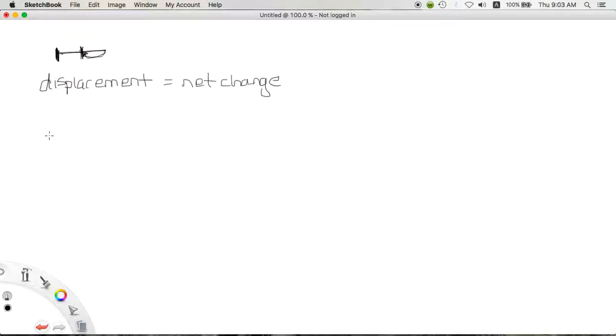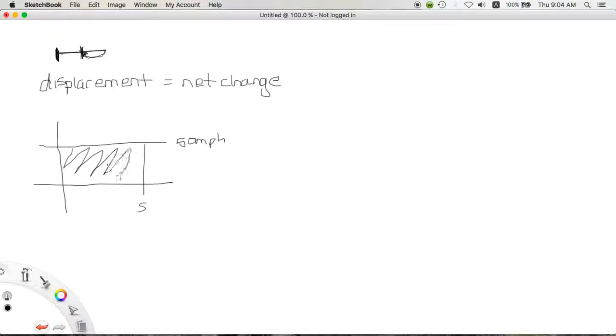Now remember, we talked about if we had a constant velocity of 50 miles per hour and we traveled that for 5 hours, then this area underneath the curve would be our total distance traveled. Remember that this is the velocity function and this is time.